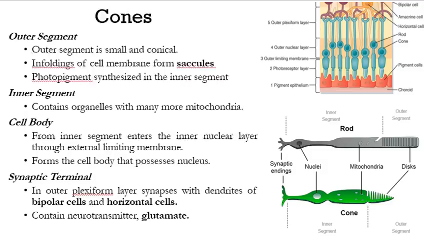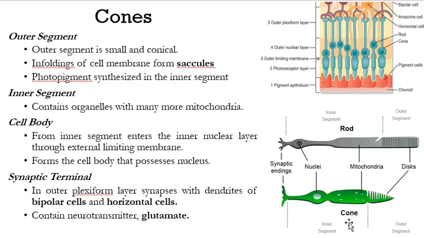What about the cones? The cones are very similar structures, but the outer segment is small and conical. So this is the green part here, and we see that it's also got discs and these infoldings of cell membrane form sacs, and the photopigment is synthesized in the inner segment.